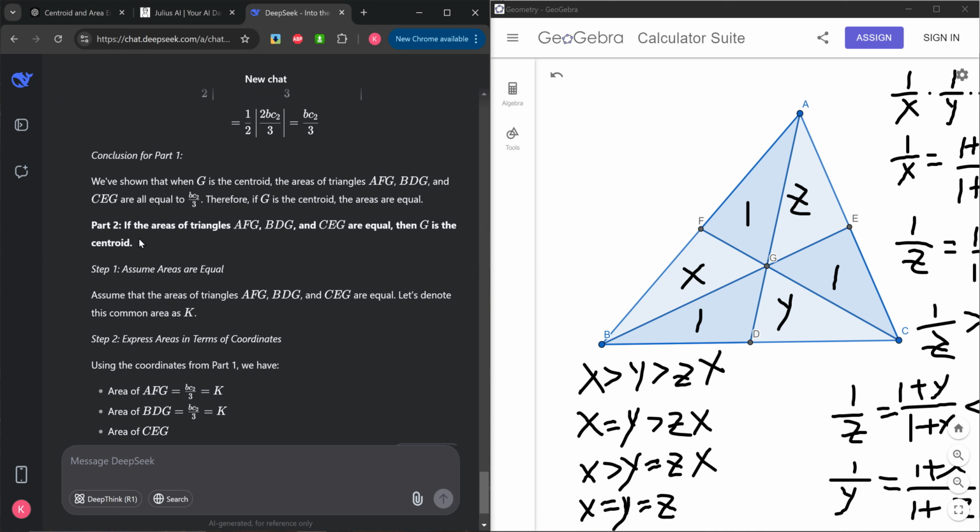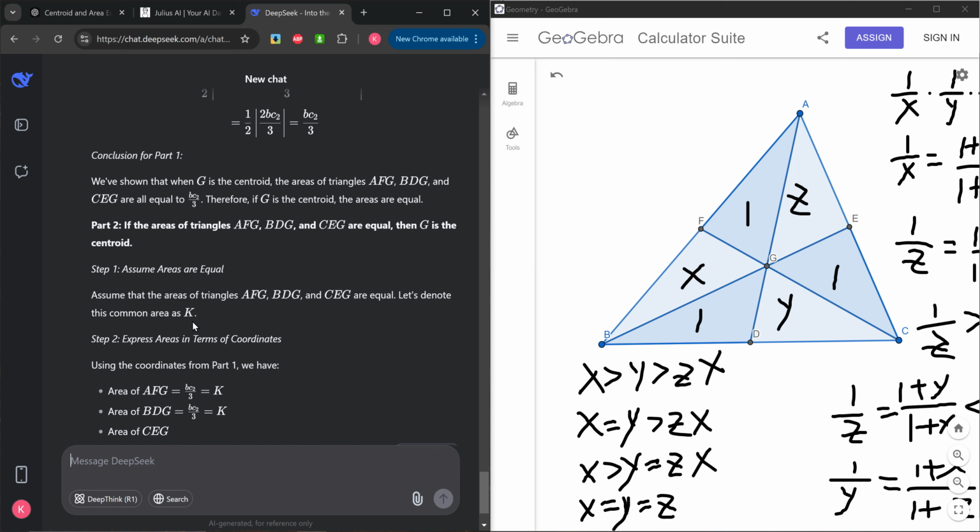Part 2. If the areas of triangles AFG, BDG, and CEG are equal, then G is a centroid. Step 1, assume areas are equal. Okay? We already know that, right? We don't need to assume, but let's see. Assume that the areas of these triangles are equal. Let's denote the common area as K. What is the common area?